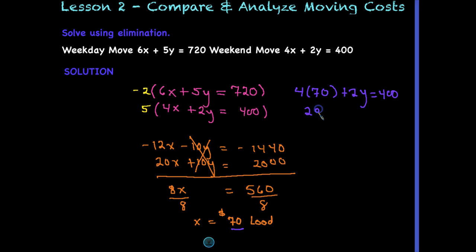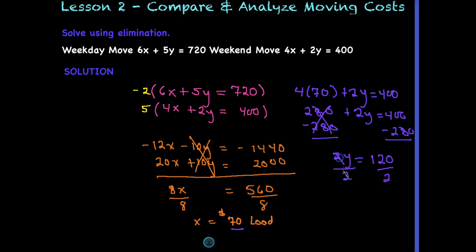And then I would go ahead and solve. So I'm going to simplify first. Subtract 280 to the other side. And I'm left with 2y equal to 120. And if I divide both sides by 2, I get y is equal to 60.